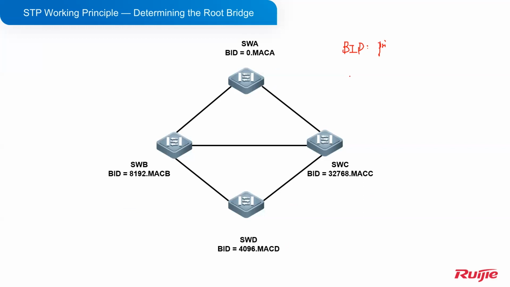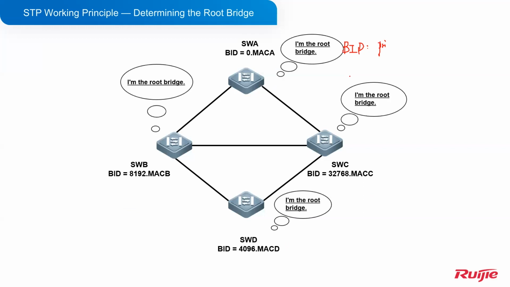It's SWA. But at the beginning, each switch will think it is the root bridge because they do not know any information about the neighbor. So SWA says I'm the root bridge. SWB says I'm the root bridge. And SWC and SWD are the same.